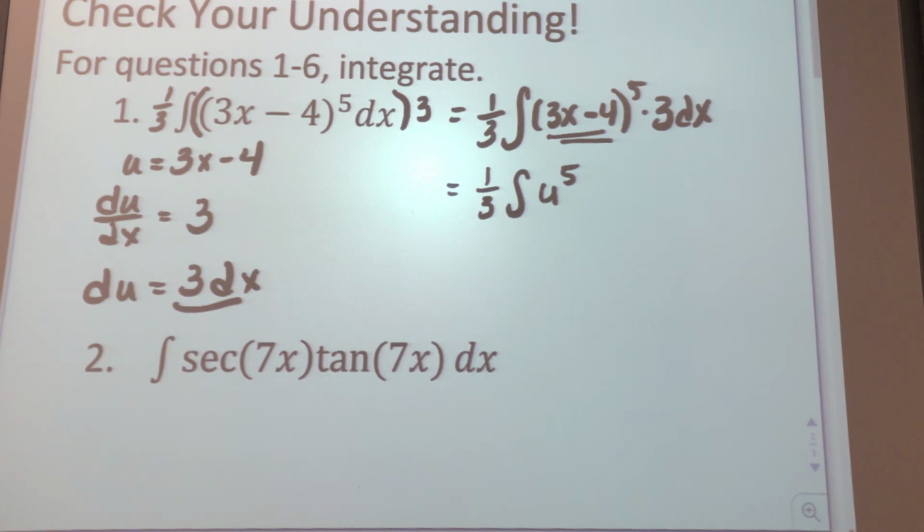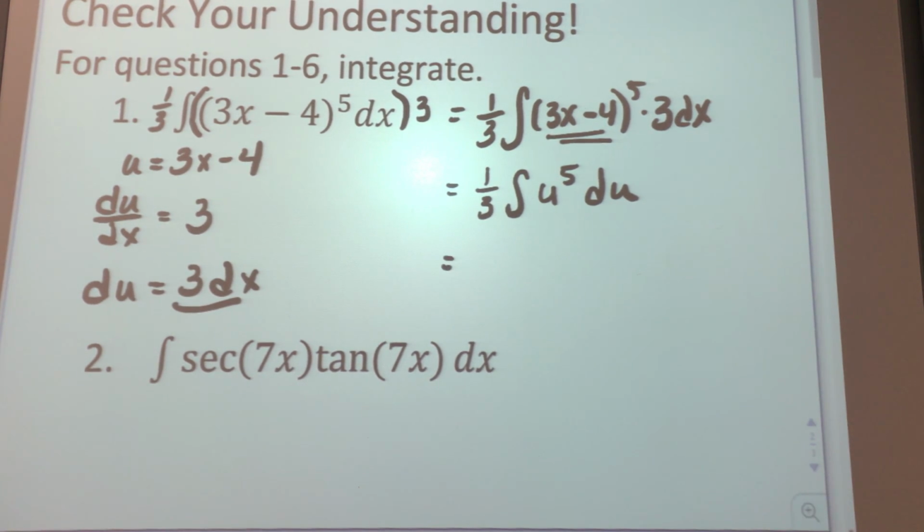And then because du is 3dx, I can rewrite that as du. Alright, so now we're ready to find the antiderivative of 1/3 times the integral of u to the 5th du.